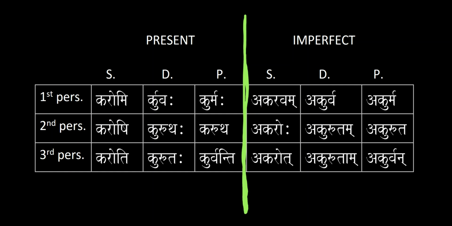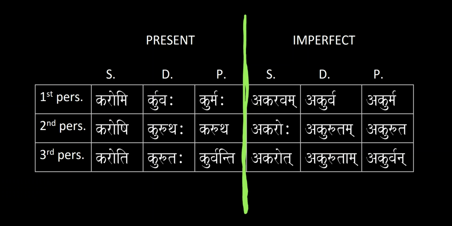We have first person, singular, dual, and plural: akaravam, akurva, and akurma. Sorry, there's no visarga here. So that first person dual is akurva, and then akurma, first person plural.